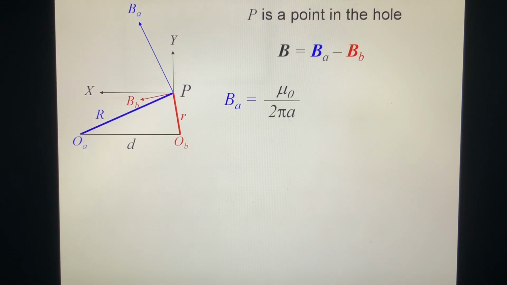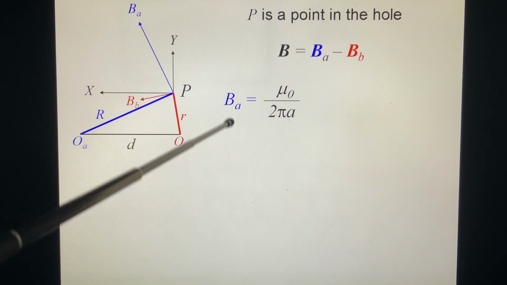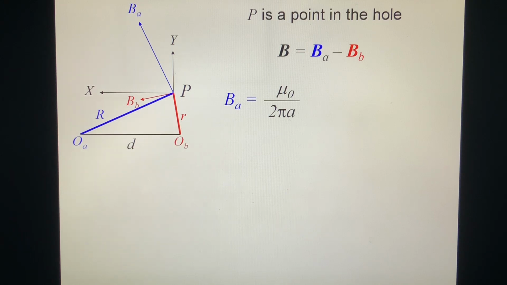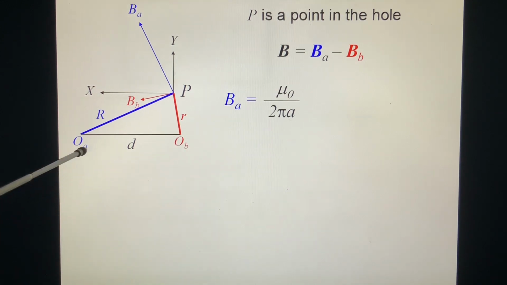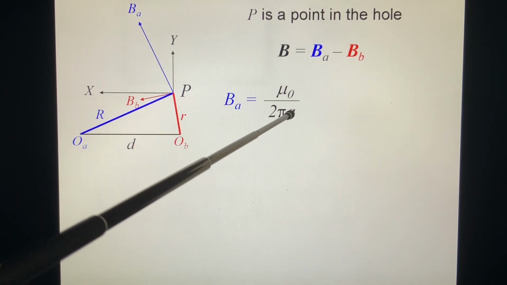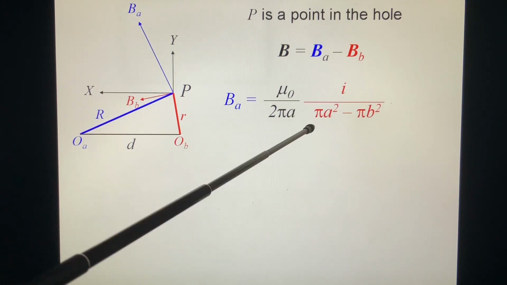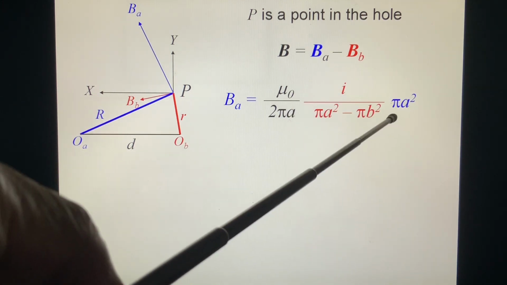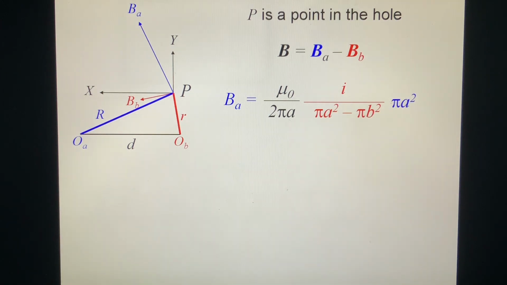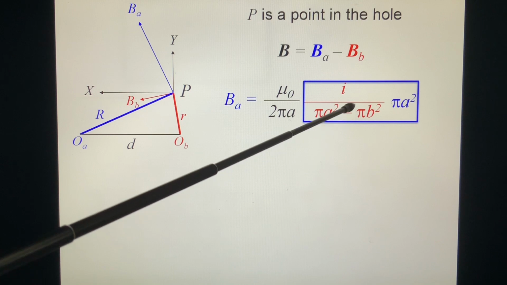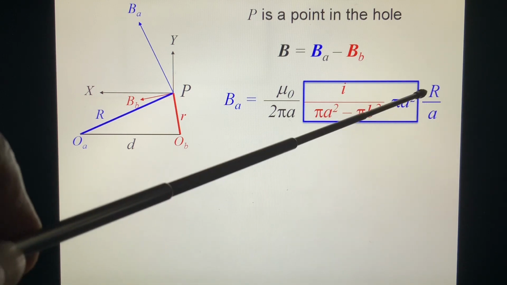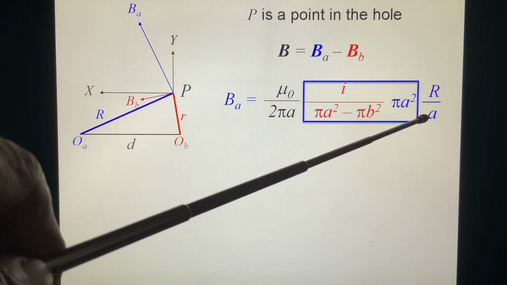BA by our calculation is mu 0 over 2 pi times the radius A, the big one. What is the I? I is the current density multiplied by its area, pi A squared. This is the current I_A. And then we know this is the magnetic field at the edge of this cylinder. We have a ratio: the big R over the small r of A.